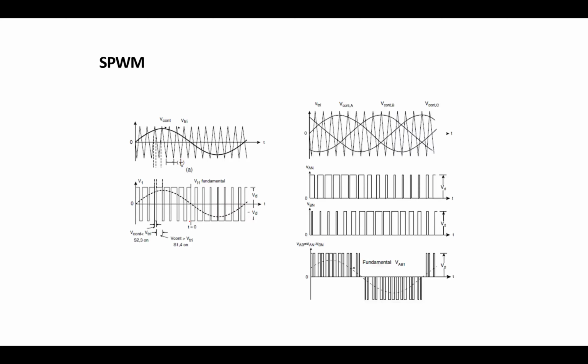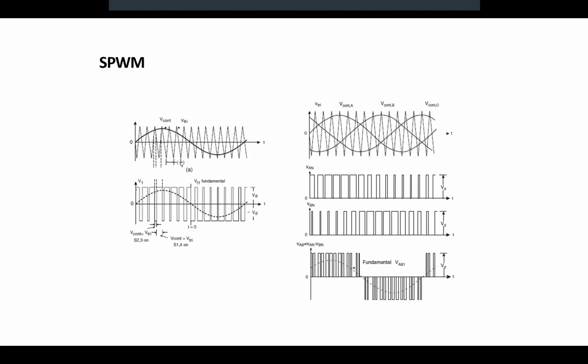As we said, with SPWM we have a sinusoidal voltage that we can play with the phase and amplitude. As you can see, the on and off portions of our switches basically mimic a sinusoidal.